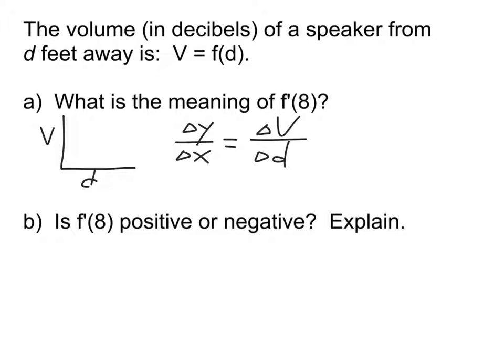So what's that meaning? It's the change in volume, because remember delta means change, as we have changes in that distance, the feet away. So basically, how quickly is the volume changing from 8 feet away in this particular example?